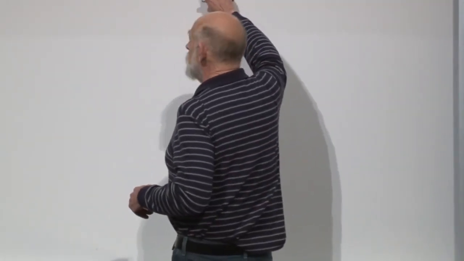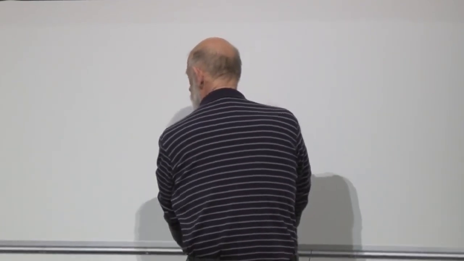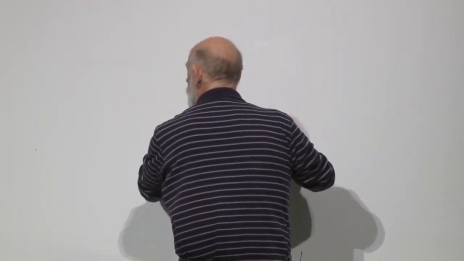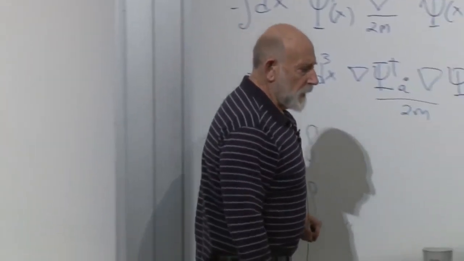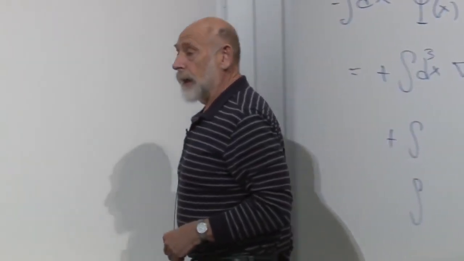The difference is simple, not so intuitive, but rather straightforward. If you have two bosons, you can put them into the same state, number one. And no problem putting them into the same state.